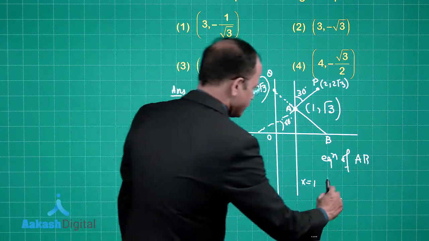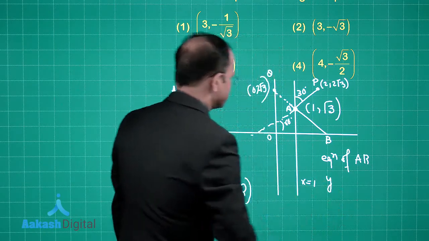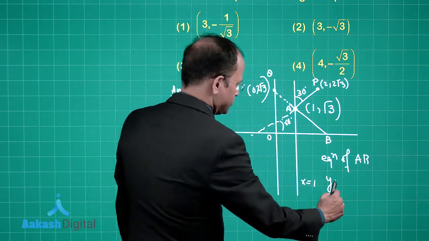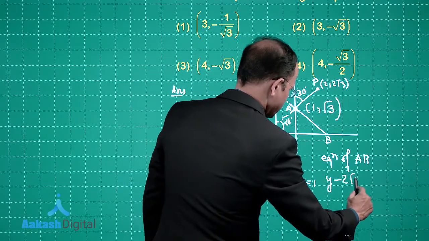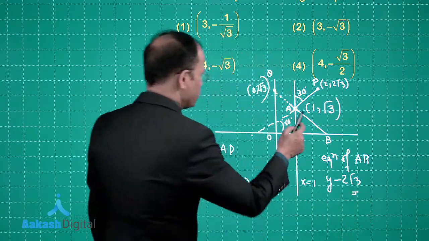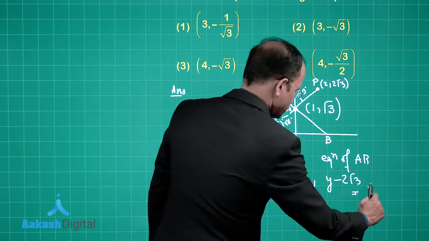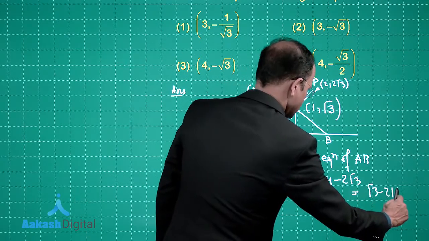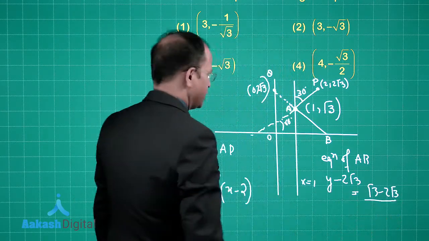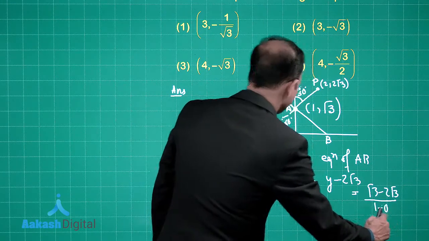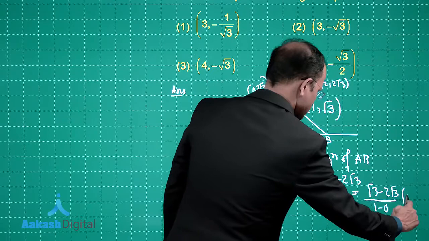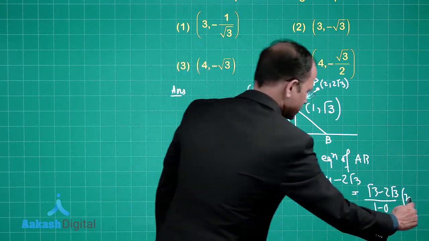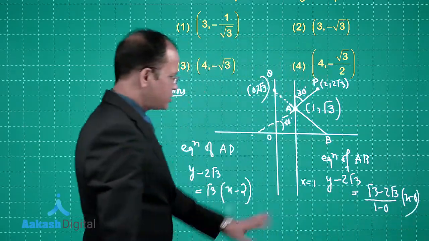So we have y minus y1, I have taken this as 2 root 3, equals y2 minus y1, that is root 3 minus 2 root 3, divided by 1 minus 0, times x minus 0, right? This is what we have. Now this is the equation of AB.